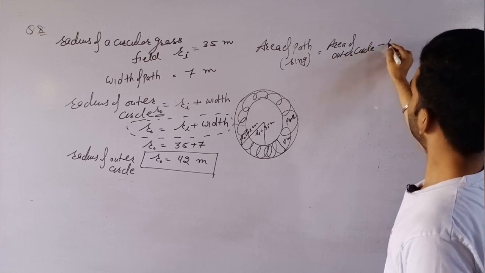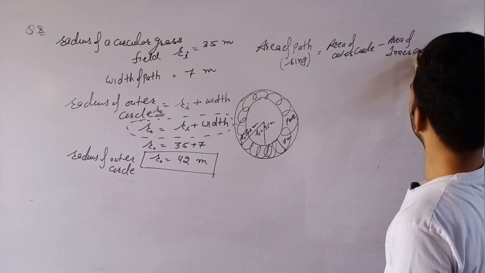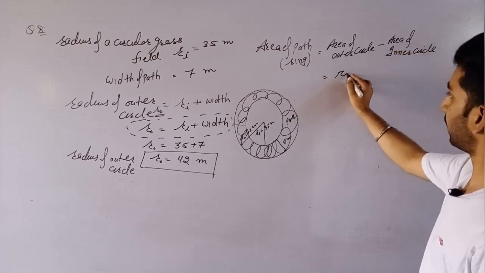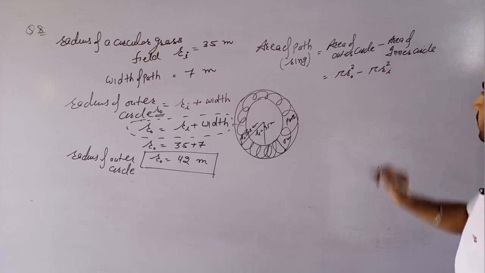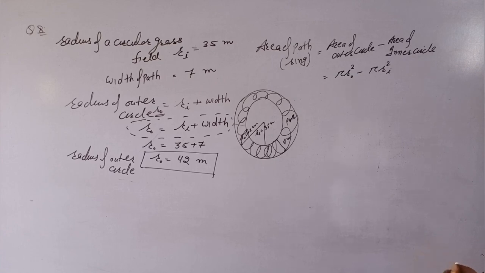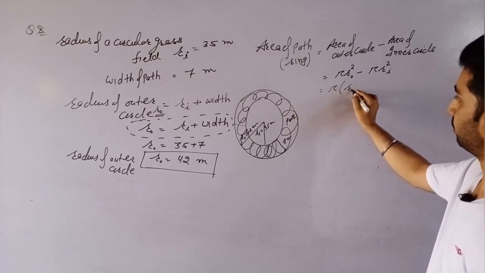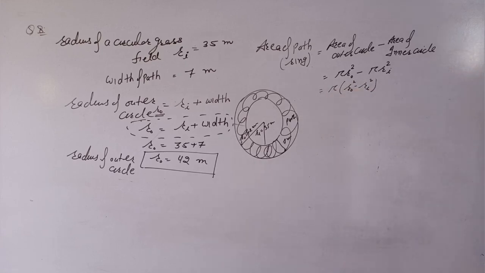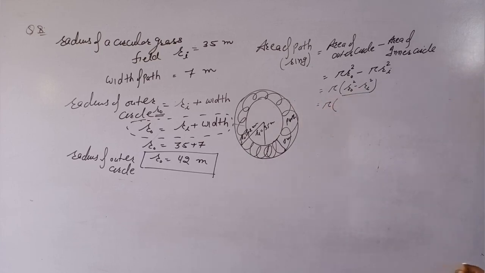area of outer circle minus area of inner circle. Area of circle is pi r square outer or inner pi r square inner. If we want to solve this, then we can use the step that pi is common, outer square minus inner square. Pi, here we can use an identity, a square minus b square.